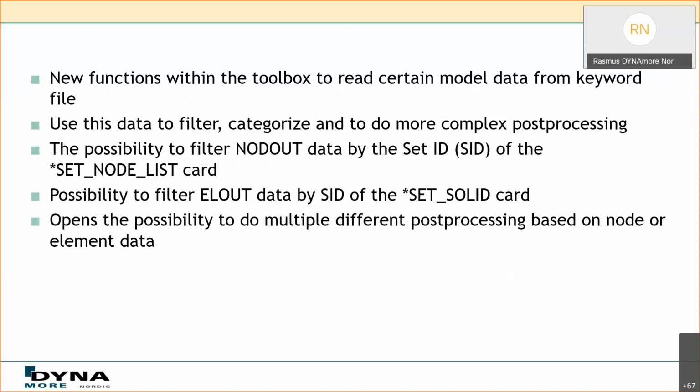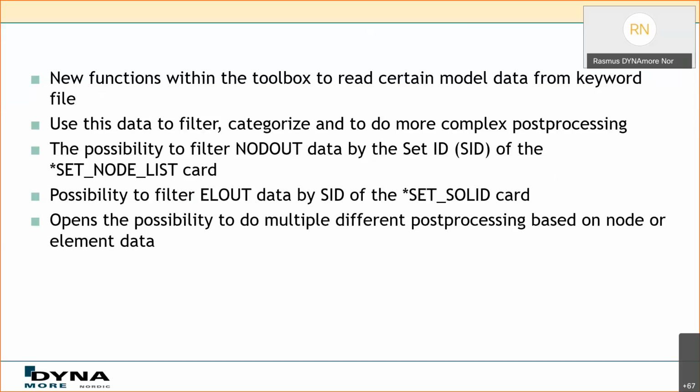So there are functions to filter node data by the set ID, for example, of the set node list card. So say you define a number of node sets, and you want to do some specific calculation on the nodes in one of the node sets, you can easily filter it out by the set ID.